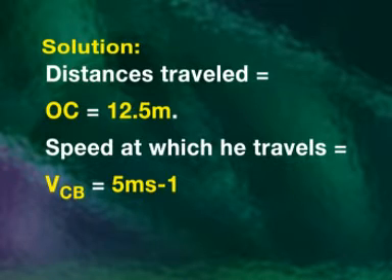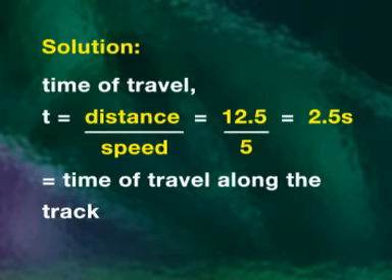The speed at which he travels, VCB, equals 5 meters per second. It implies time of travel T equals distance divided by speed. This equals 12.5 divided by 5, which equals 2.5 seconds. This gives us the time of travel along the track.